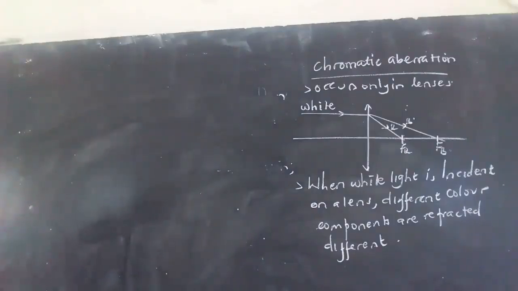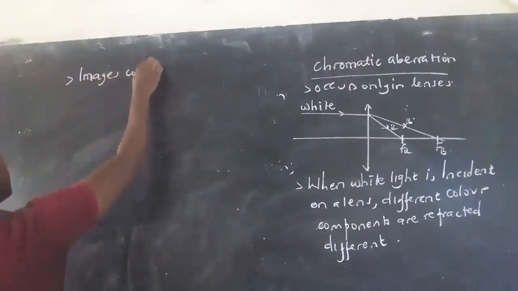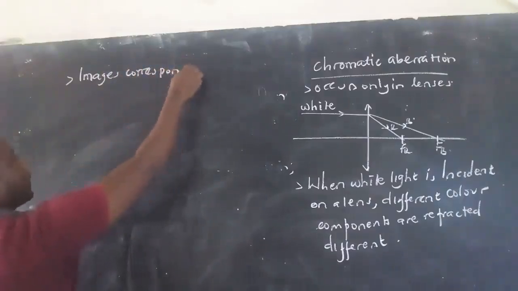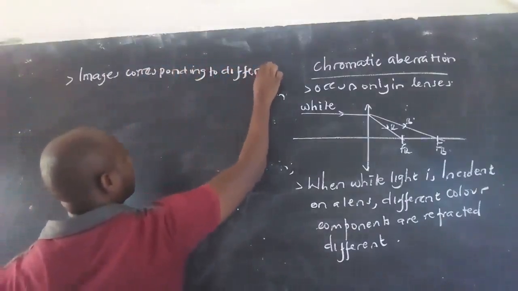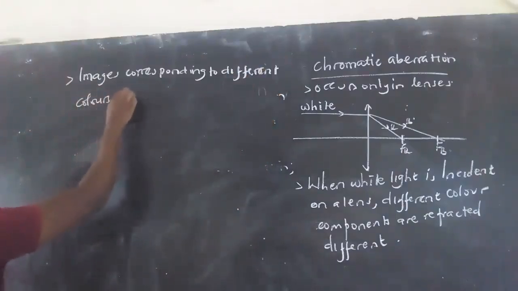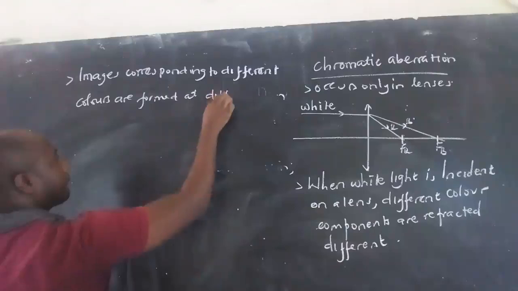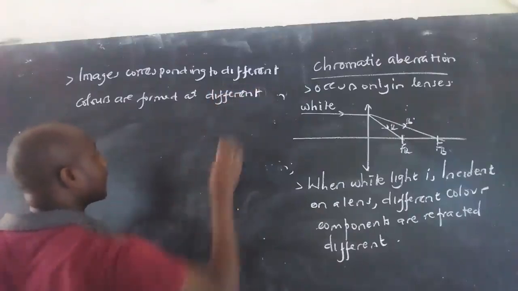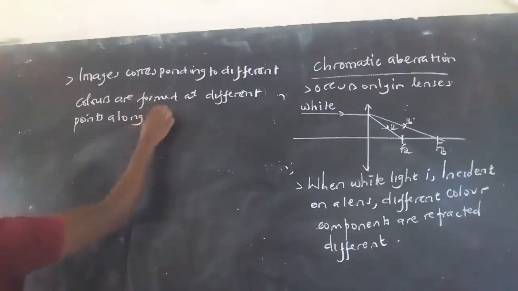Then images corresponding to different colors are formed at different points along the principal axis.